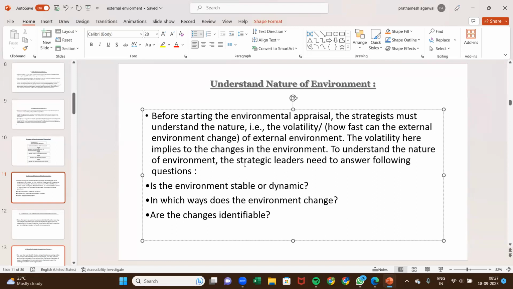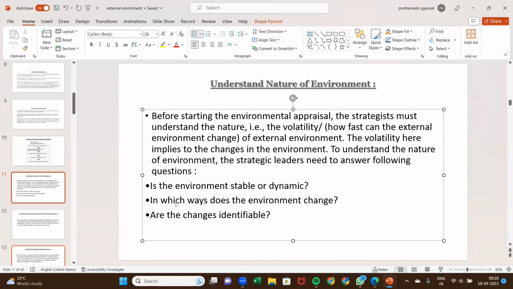So to understand the nature of the environment, the strategic leaders need to answer the following questions. Is the environment stable or dynamic? Do you think the environment is always going to be stable? Is the business environment always stable? No, it keeps on changing. Okay, so it is dynamic. In which way does the environment change? If it is dynamic, then in what way is it changing?